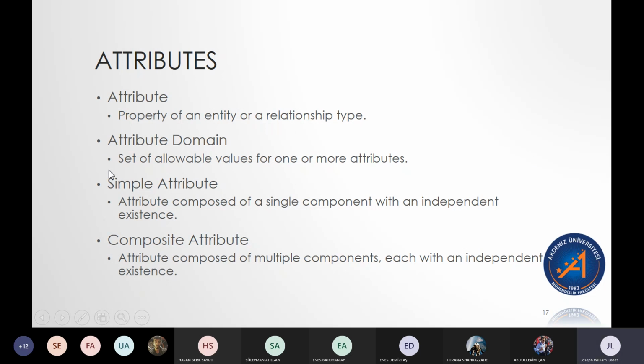It wants to make sure that I don't put in some street that does not exist in the mahalle that I live in. And so my address, as far as the Göç İdaresi system is designed and set up, is a composite attribute. It is composed of lots of different parts. Okay. All right. So that's how we define attributes.